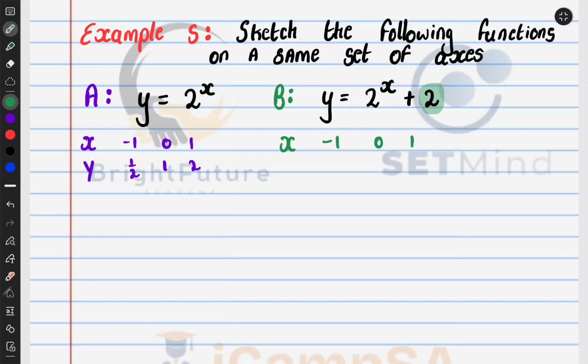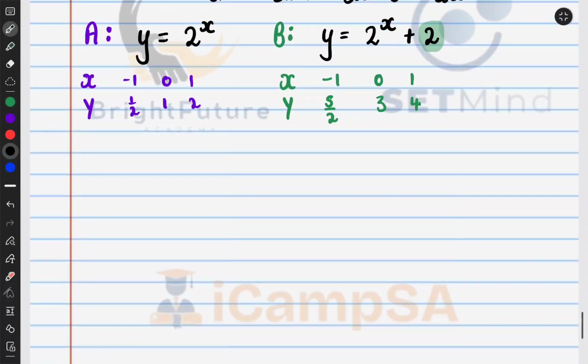So we're going to have these corresponding y values. 1/2 plus 2 is 5/2 here, which is 2.5, and then we're going to have 3 here, and then 4 here. Let's go ahead and sketch those now.